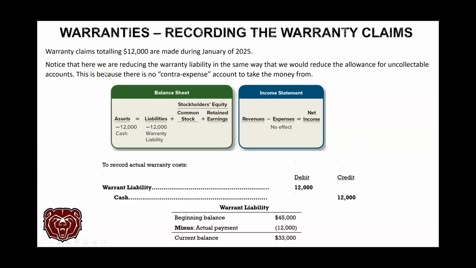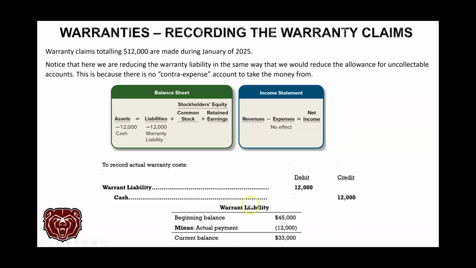Notice we really are just reducing that warranty liability the same way that we reduce the allowance for uncollectible accounts. It's just simply because there's not a contra expense account to take the money from. So we're just going to take it directly from that warranty liability account.